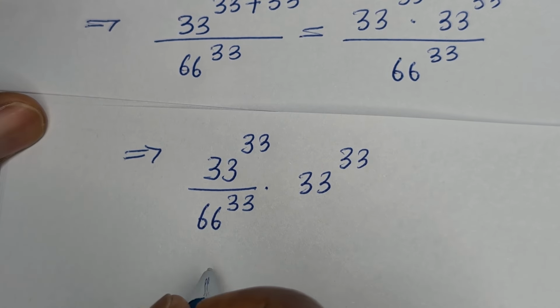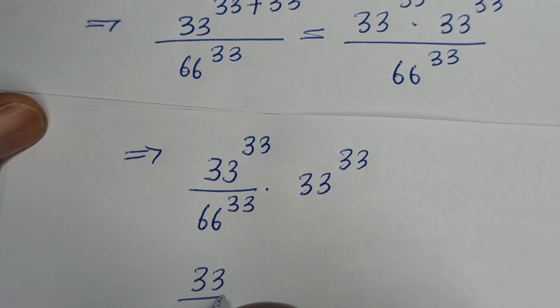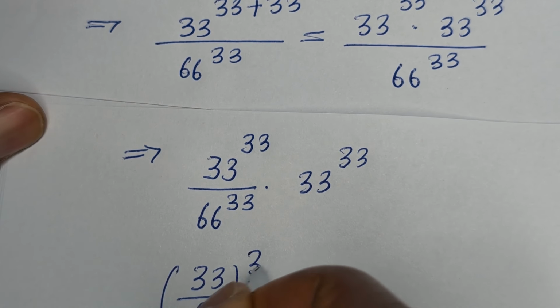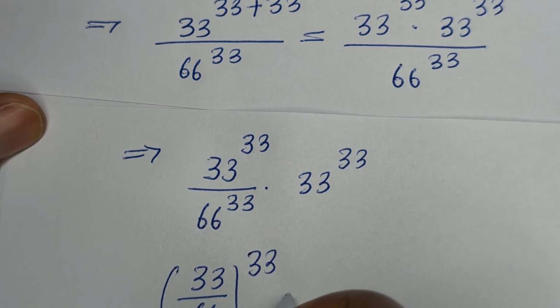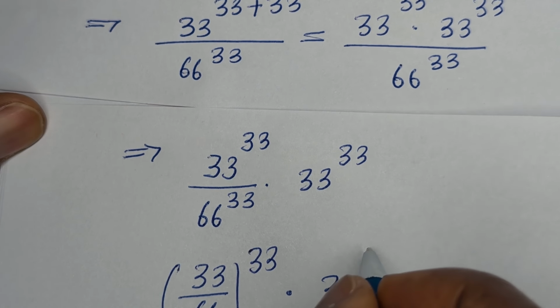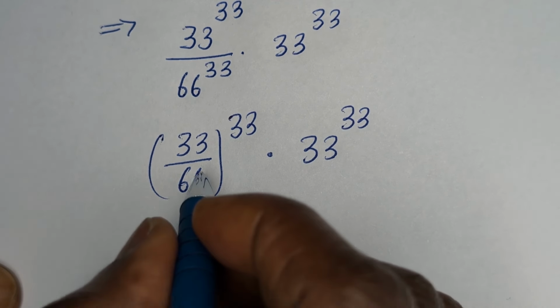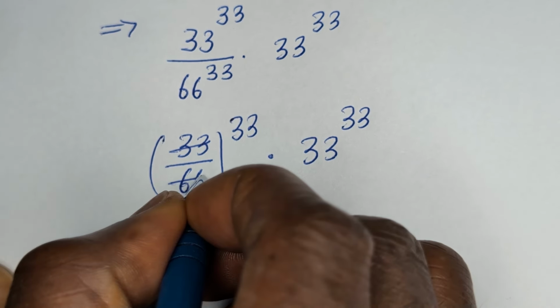Now this can be written as 33 divided by 66, all raised to power 33 because of the same power, multiplied by 33 raised to power 33. Then here, 33 here 1, 33 here 2.